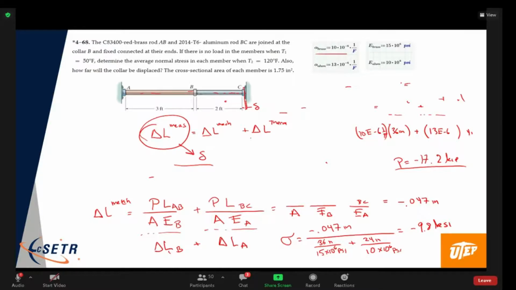Then you can figure out the change in length due to the free thermal expansion. This is going to be alpha delta T times the length, or if it's a problem like this where there are several sections, you sum that up for each section. And then that will tell you how much the mechanical change in length will be. That's the change in length that you have to compress it down, which gives you the stress.